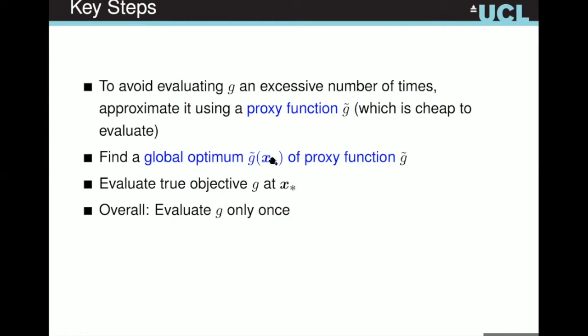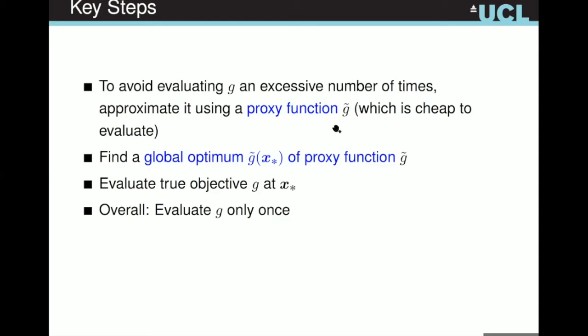Then we take this x star value that we found by optimizing g tilde and evaluate the true objective at this point. If we were to optimize g directly, say by running gradient descent, we would have to evaluate g many, many times to get to a local optimum, and we would need gradients. Here we take the optimization away from g and use g tilde to run this optimization.